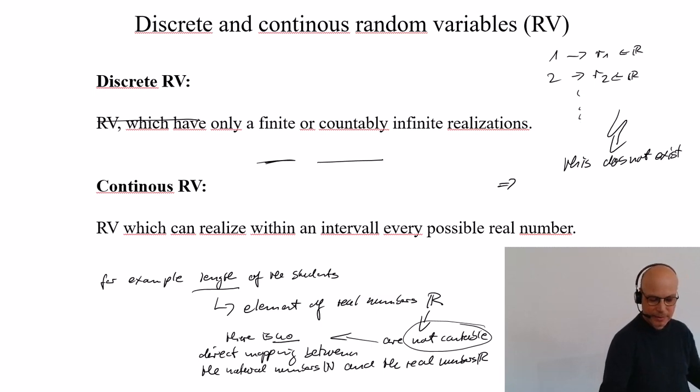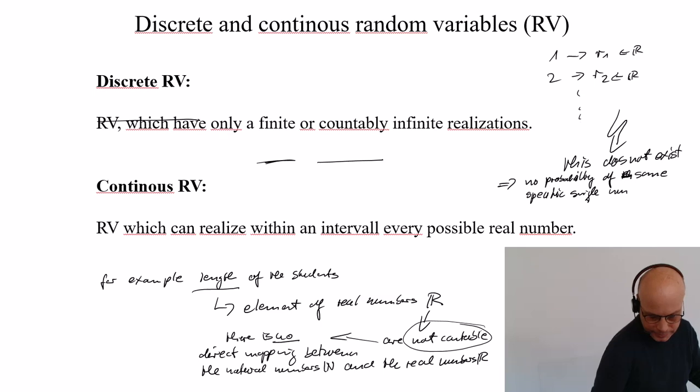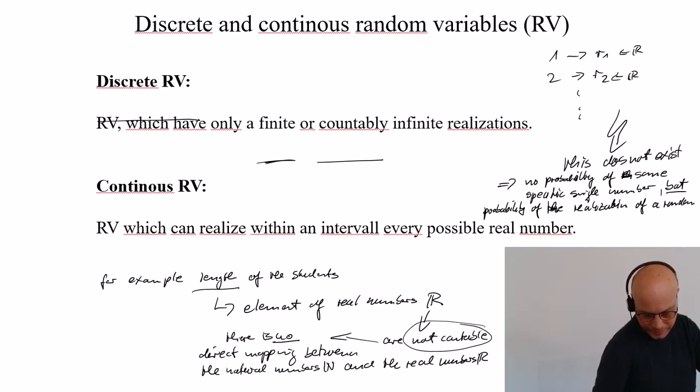So this means no probability of some specific single number, but probability of the realization of a random variable within some interval.